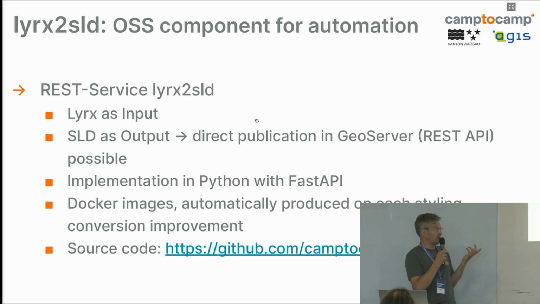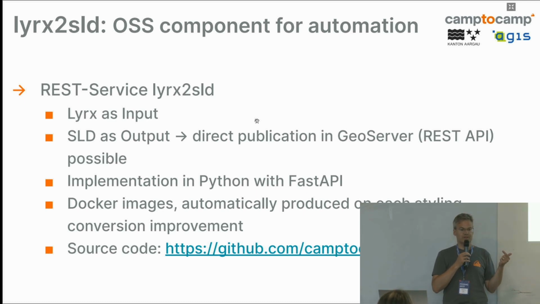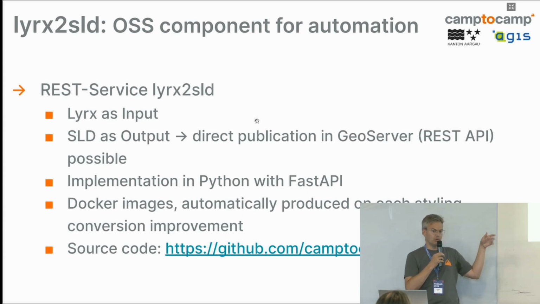It is implemented in Python. And every time you do a styling improvement of the conversion library, you automatically have a new Docker image of lyrx to SLD. So if you use that in your automation pipelines, you can be sure to always have the latest possibilities for styling conversions.